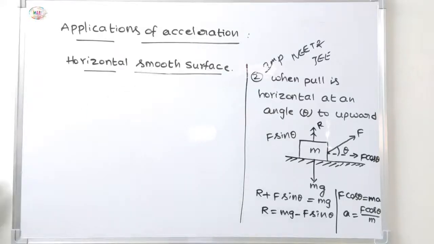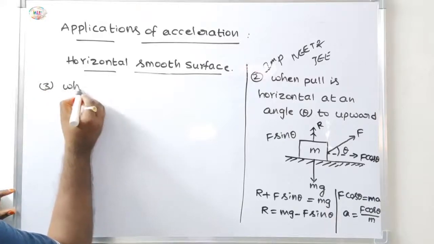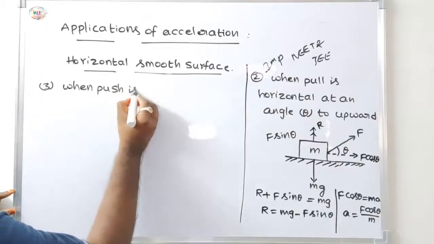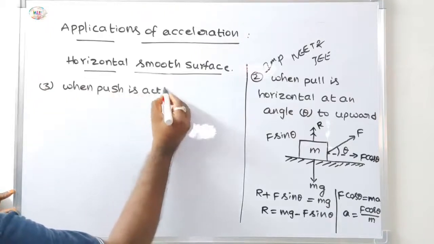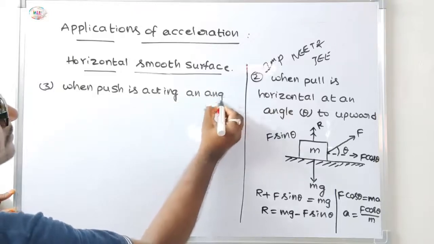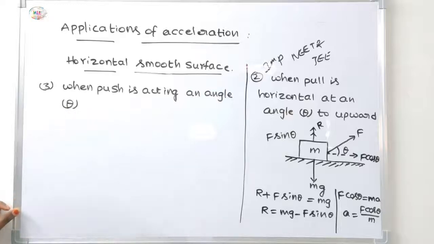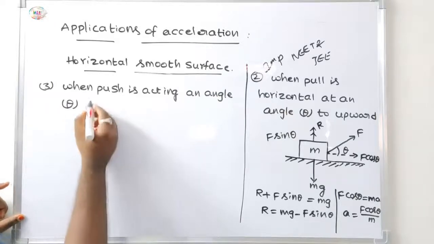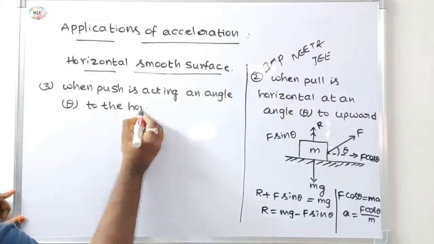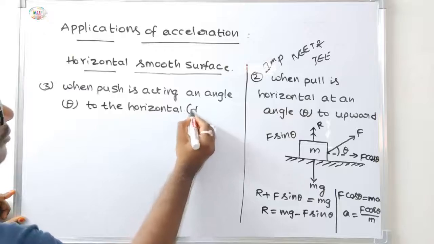When a push is acting at an angle theta to the horizontal, that is a downward direction.